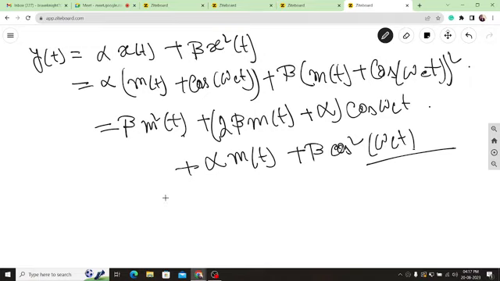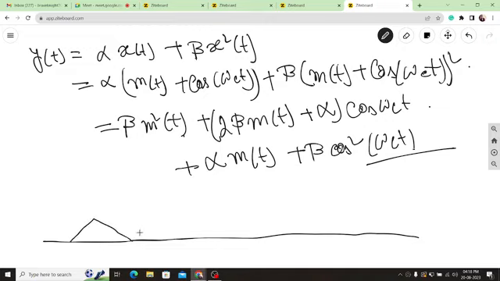If we draw the frequency response, it will be like this. It will have a signal component of this sort of type.